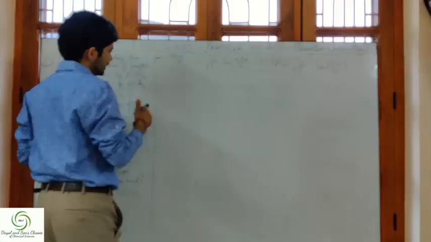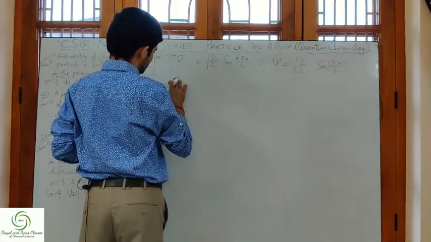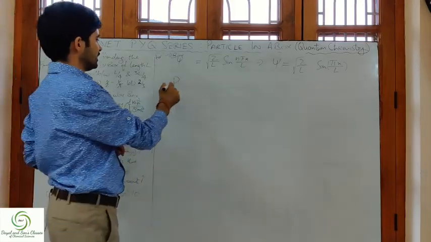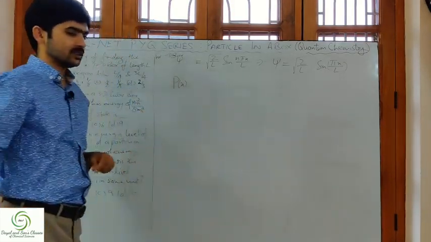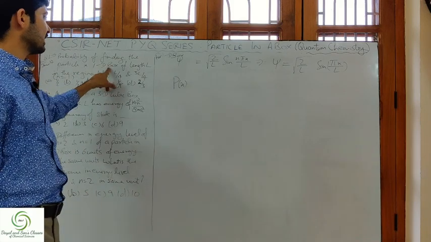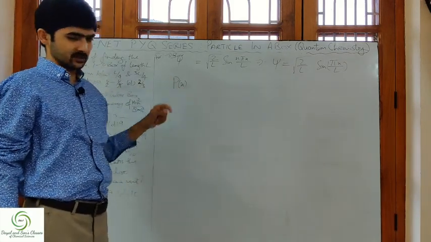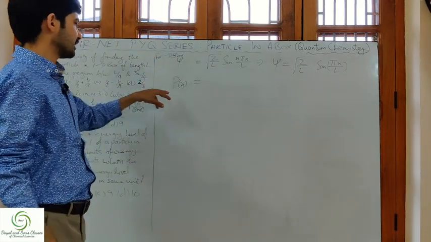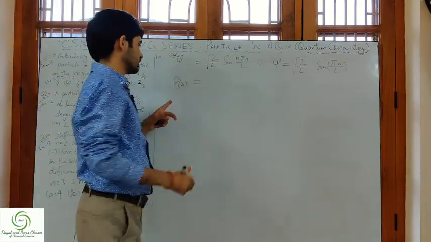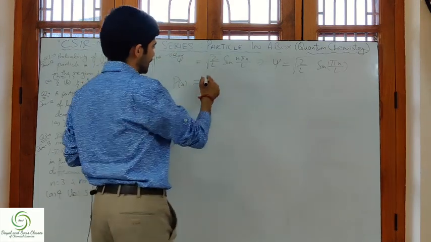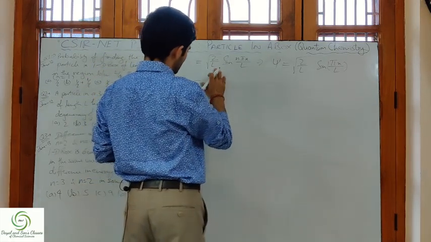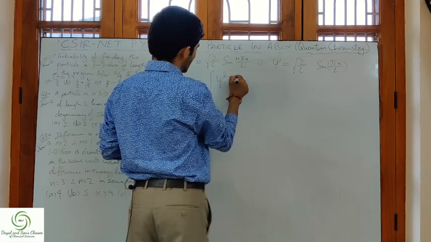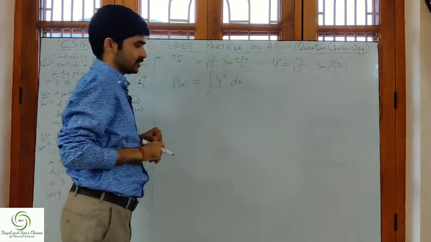Now let us see what the probability will be. I will denote probability by capital P x, since we are talking about a 1D box. The probability of finding the particle in a 1D box is given by the integral of psi square dx.